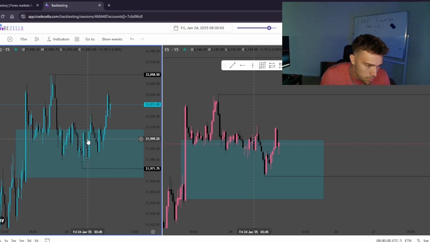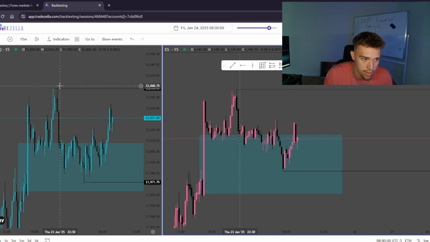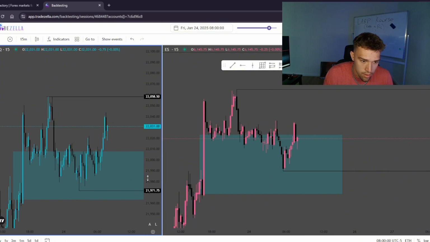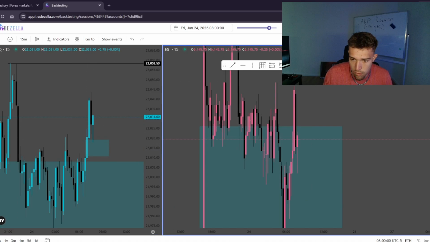So swept right there. And then it looks like we have Asia highs above right here. So these are Asia highs, bullish SMT. It's almost looking perfect. We have a 15-minute fair value gap, and we have bullish SMT.